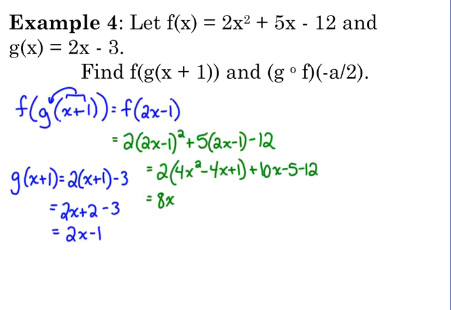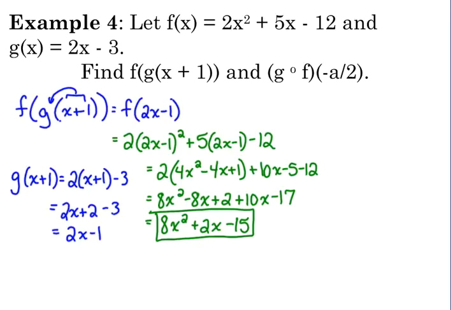Distribute the 2. Combine the negative 5 and negative 12. And then finally combine the negative 8x plus 10x to get plus 2x, and the 2 minus 17 to get minus 15. So that is equivalent to f of g of x plus 1.